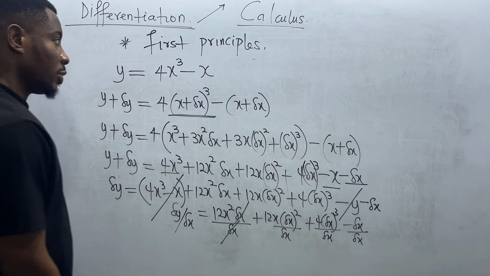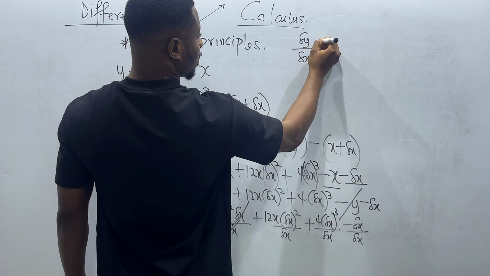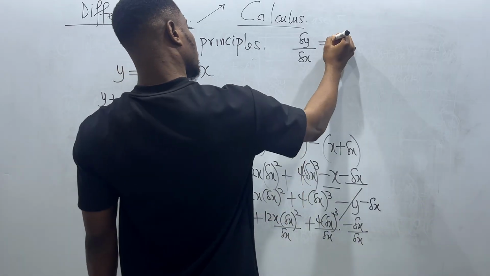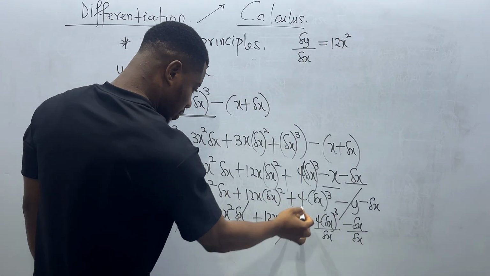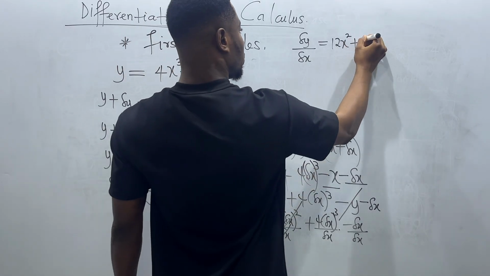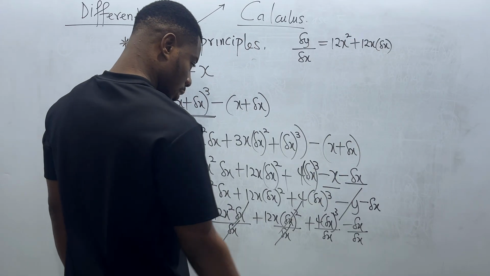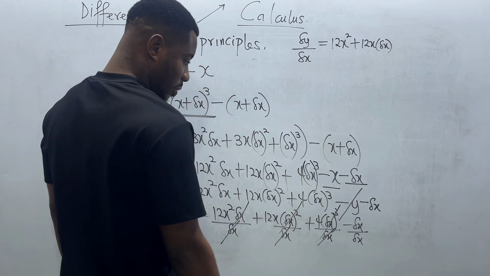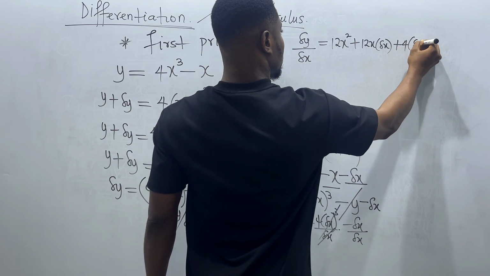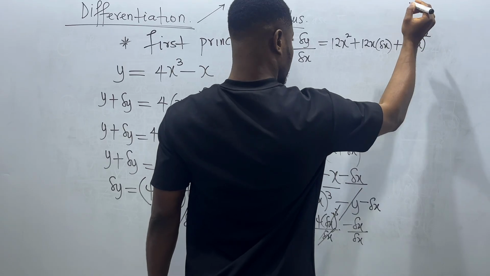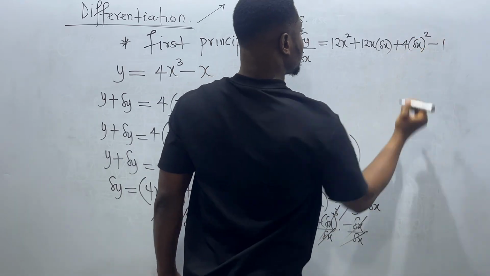So we have that change in y over change in x is equal to 12x squared. Okay, then this cancels out this. We'll be having plus 12x into change in x. Then if this cancels this one, we'll be left with plus 4 change in x squared. Then this cancels out this, we'll be having minus 1.